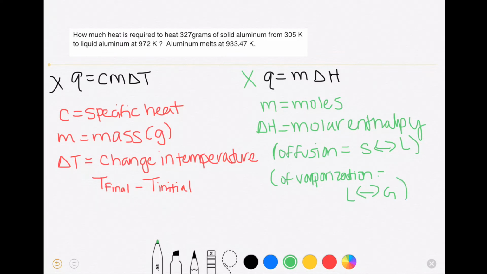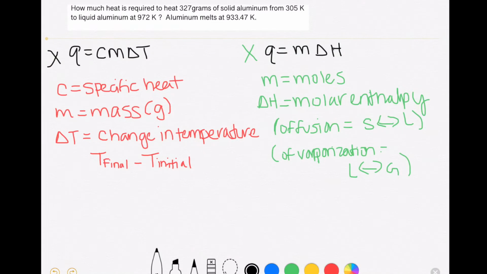Molar enthalpy in general is the amount of heat required to change a substance from one phase to the other, and then you have these specific charts dealing with the specific phase change that's happening in the problem that you're working with. Now what you're going to do is calculate a certain number of Q's based on the information given in the problem, and I'll walk through how to calculate that in just a minute.